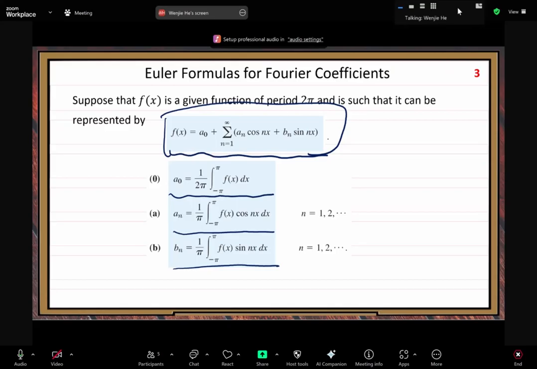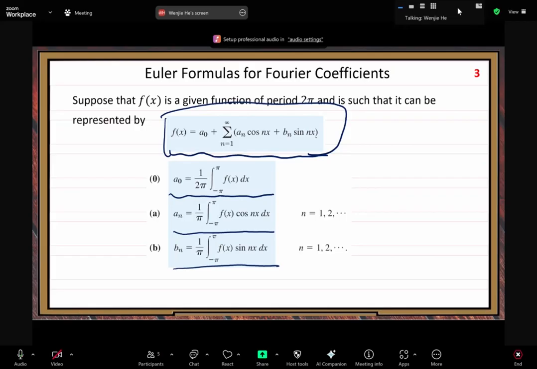Although you can calculate the coefficients in this way, if you represent the function f in this trigonometric series, how do you know both sides are the same? So that result was rejected.